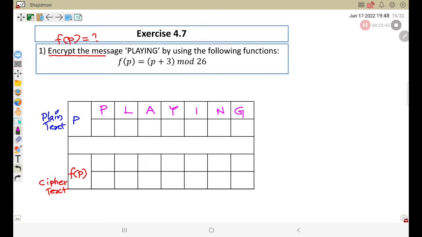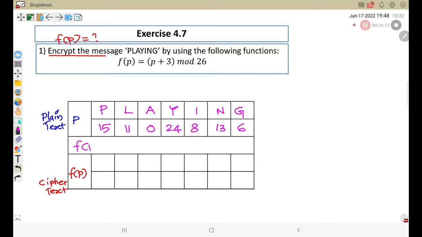Now change these letters into numbers, as I discussed in the table before. P means 15, L means 11, A means 0, Y means 24, I means 8, N means 13, G means 6. Now what is the encryption transformation in the question?